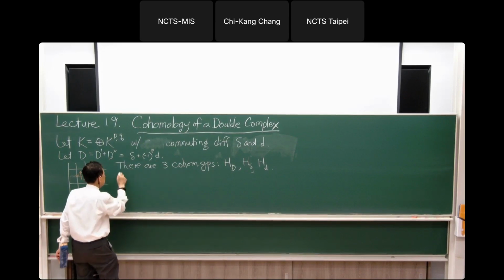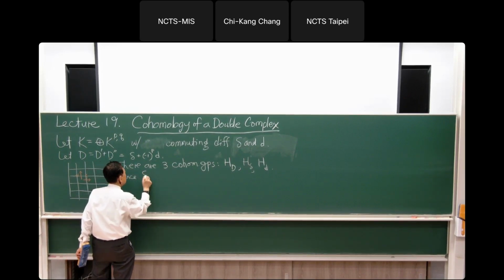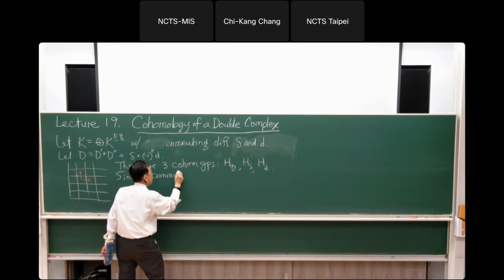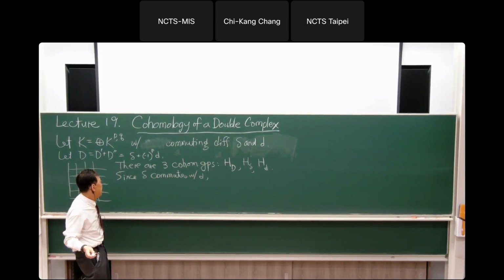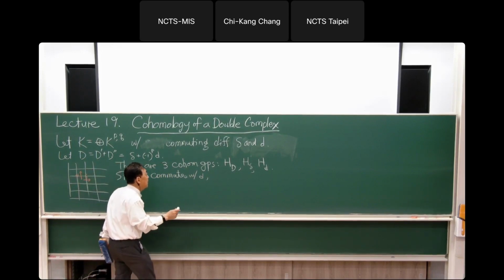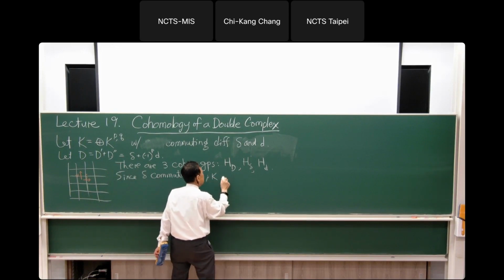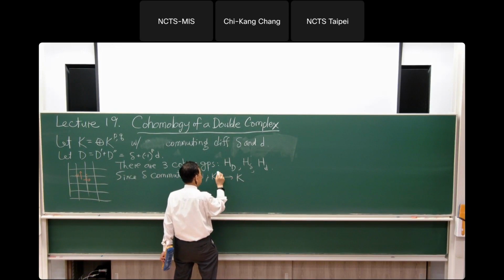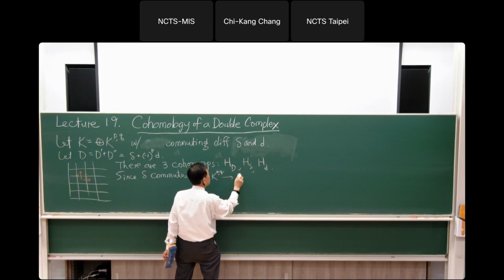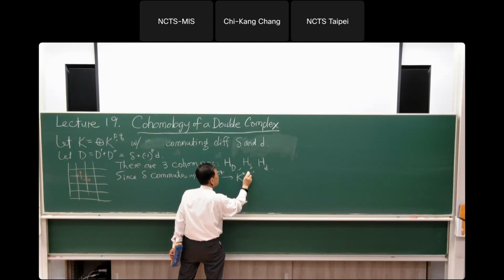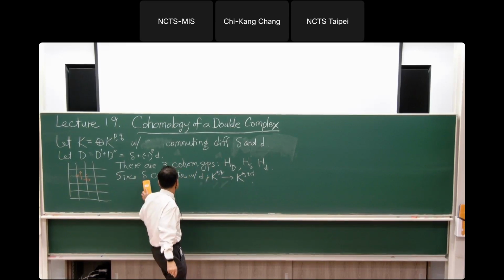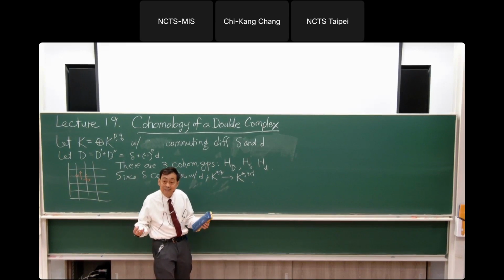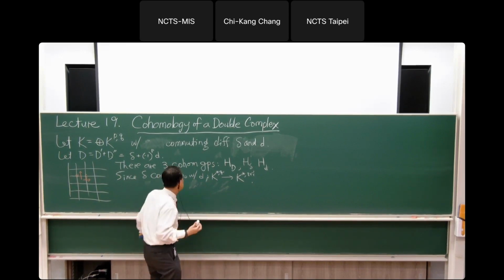Because delta commutes with d, and d goes from K^{p,q} to K^{p,q+1}, moving in the vertical direction, it induces a map in d cohomology.